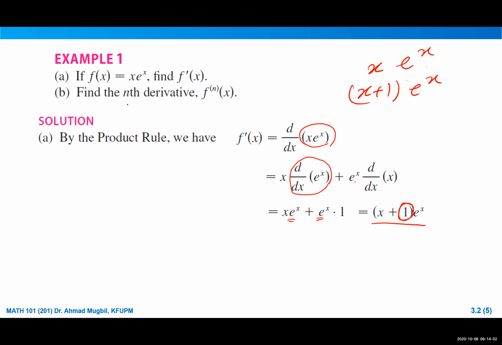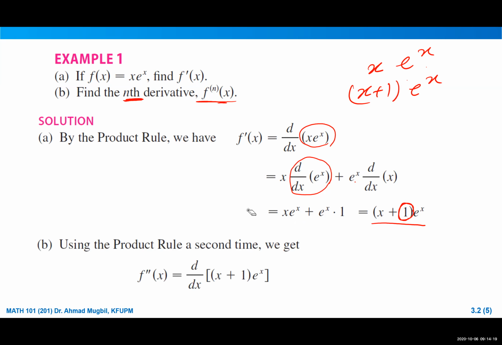Part B, find the nth derivative. What does that mean? Second, third, fourth, the nth derivative in general for any positive integer n. So to find the nth derivative, we will first find the second derivative. To find the second derivative, you will differentiate the first derivative.